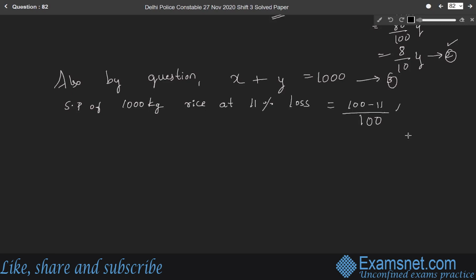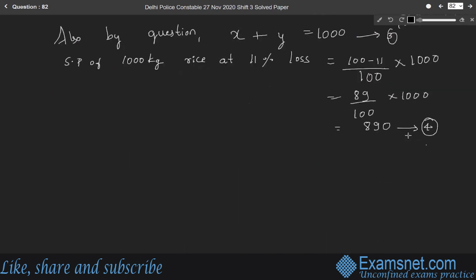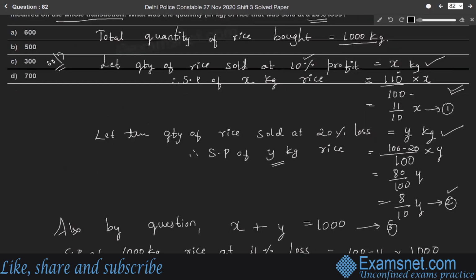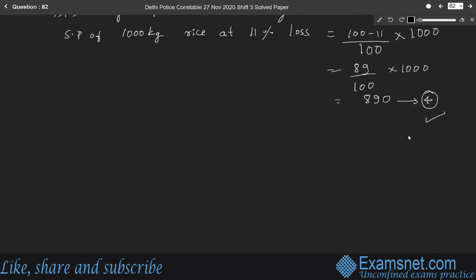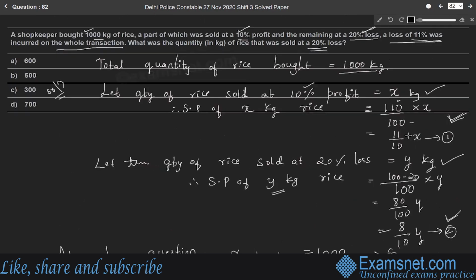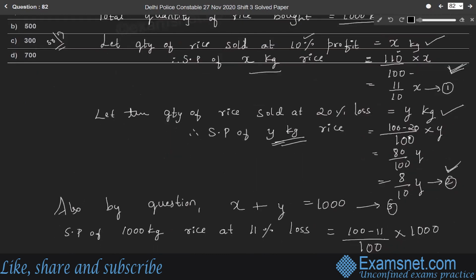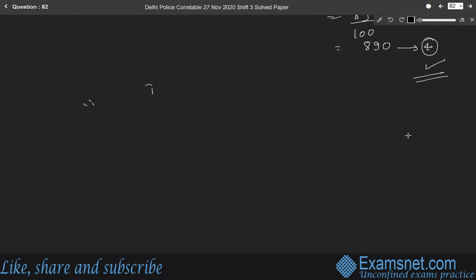Therefore, for 1000 kg of rice, it is 89 by 100 into 1000, which becomes 890. Consider this as 4. So this 4 is equal to 1 plus 2. Do you agree? The total selling price with the loss is equal to the selling price of x kg of rice plus the selling price of y kg of rice. Therefore 1 plus 2 is equal to 4.